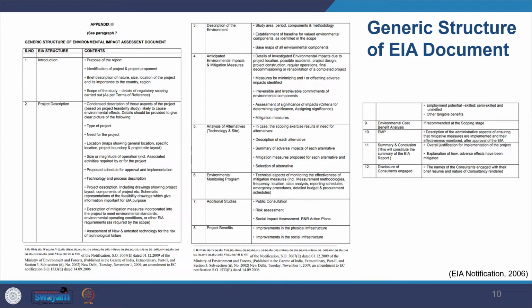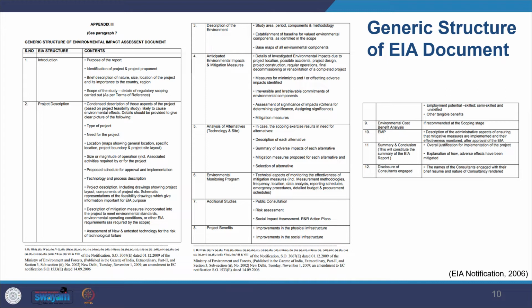Then you would also give measures for minimizing and or offsetting the adverse impacts that have been identified. So how you're going to minimize the impact and how you're handling it. And then you will also identify the nature. So what we had discussed in the very beginning, you would review whether it is a reversible or irreversible impact, what's the magnitude of impact, what's the duration, the temporal nature of the impact, and so on.